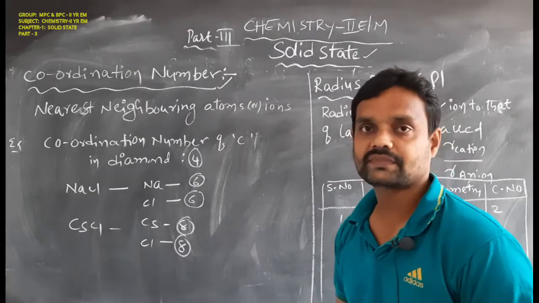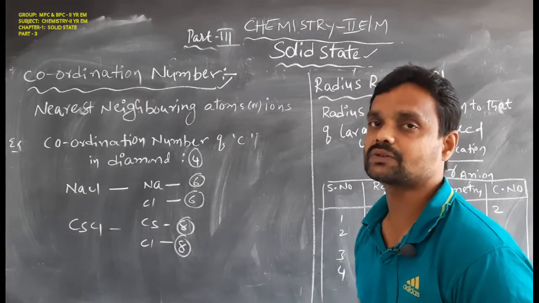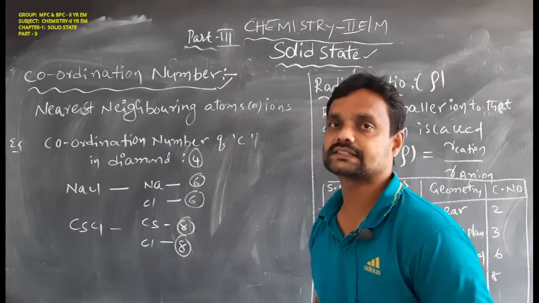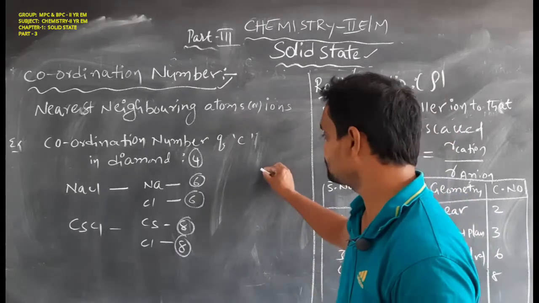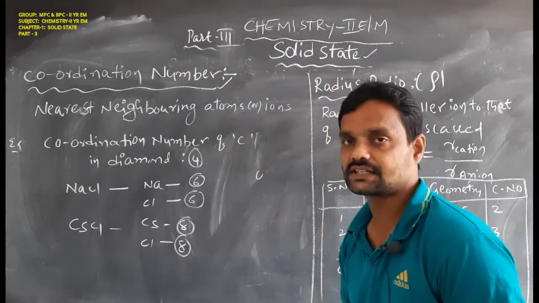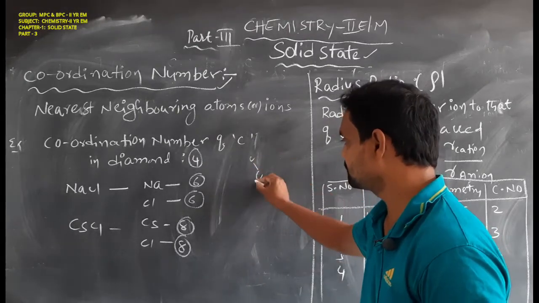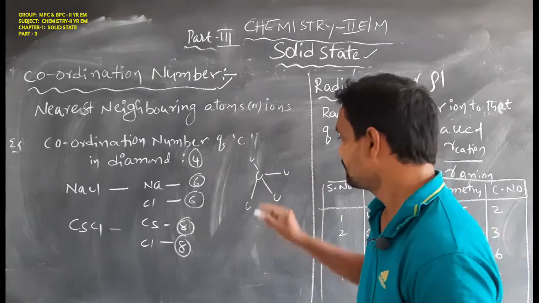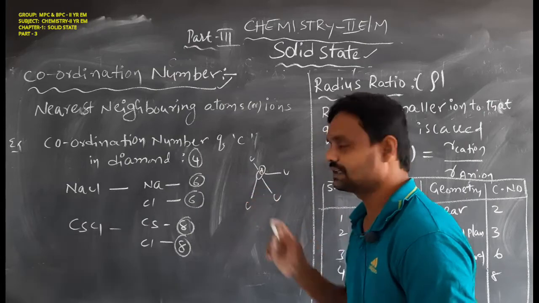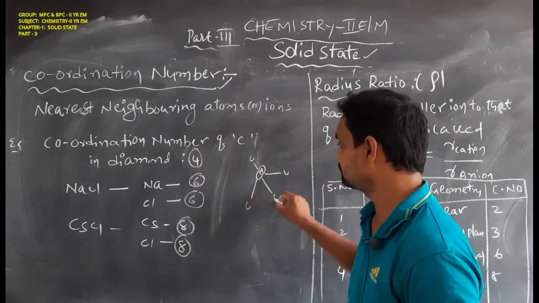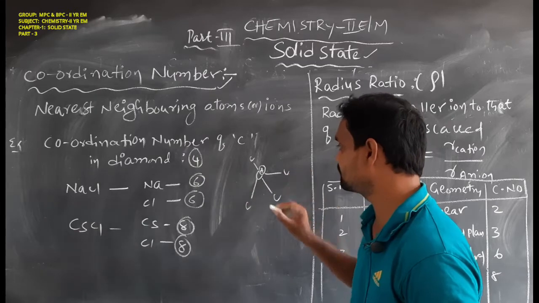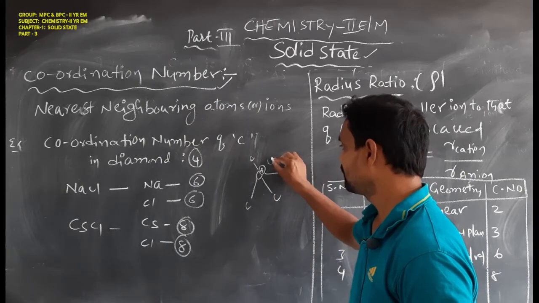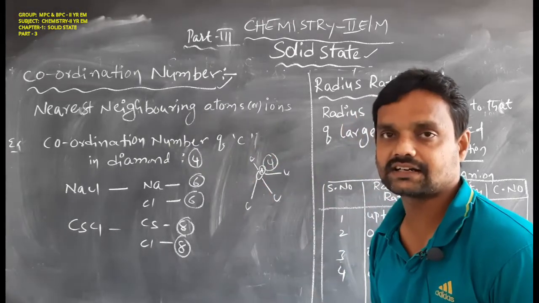For example, we already know that in normal covalent compounds, carbon forms 4 bonds with other carbon atoms. In the diamond structure, this carbon is bonded with another carbon, and another, and another. So for this central carbon atom, how many nearest carbon atoms? 1, 2, 3, 4. 4 nearest carbon atoms.